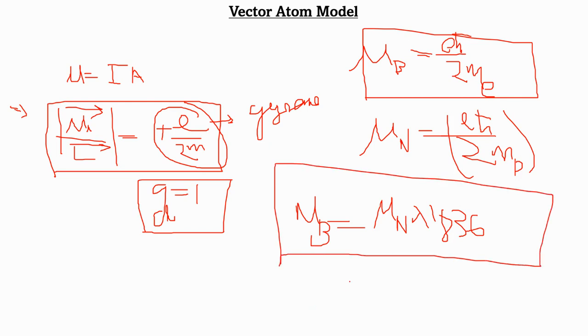Also, in this vector atom model, we consider different quantum numbers like the L vector. Quantum mechanically, the value of L vector is root over L into L plus 1 times h cross, where h cross is the unit of angular momentum.